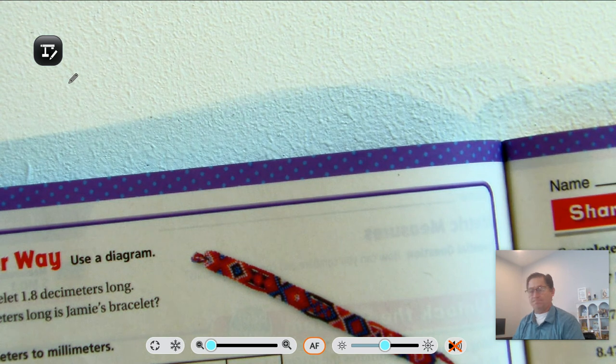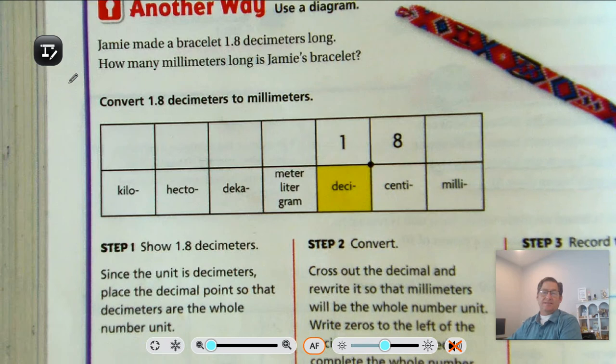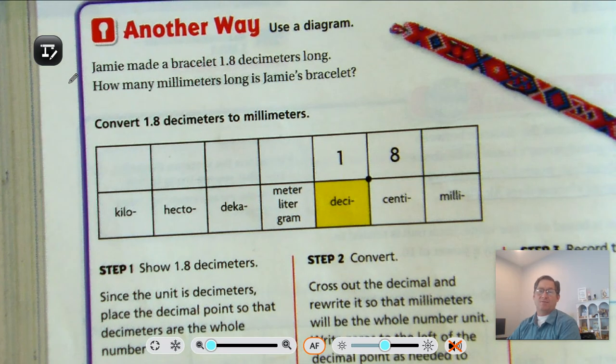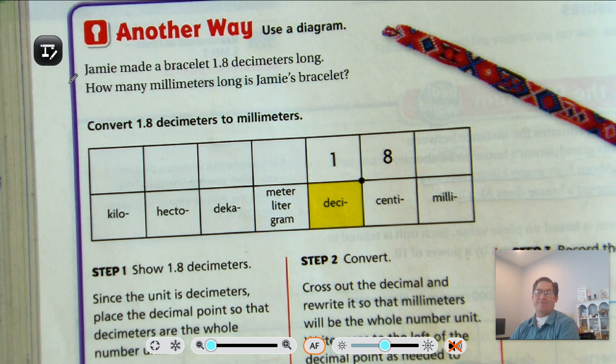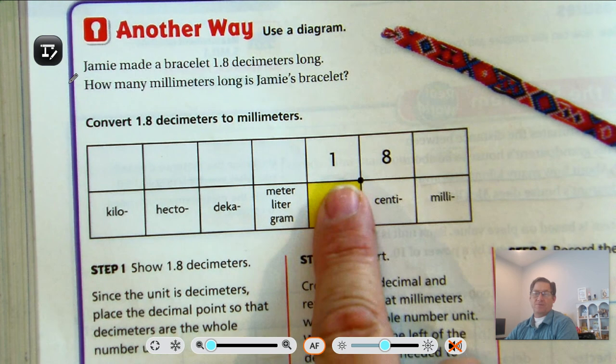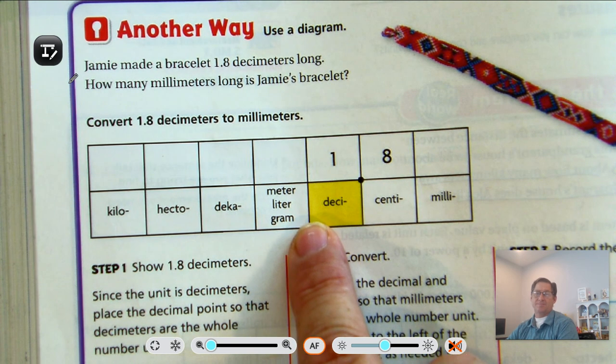All right. Another way we can use a diagram. In this case, Jamie made a bracelet 1 8/10 decimeters long. How many millimeters long is Jamie's bracelet? So here we see that we have 1 8/10 decimeters.